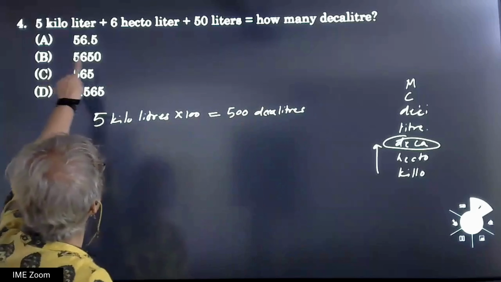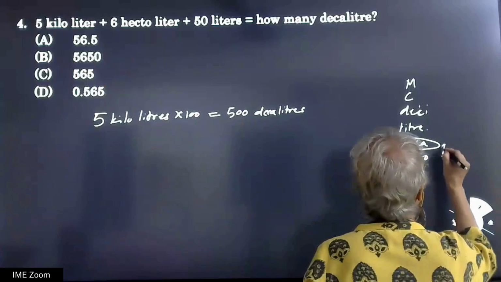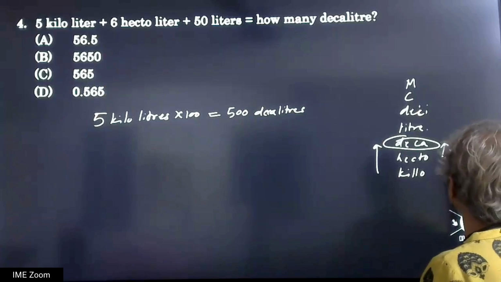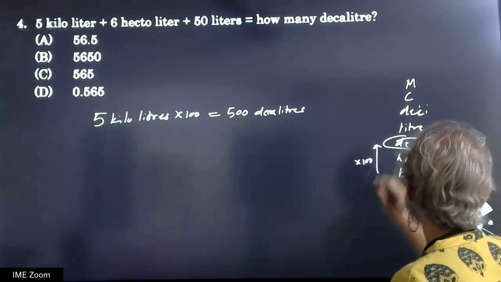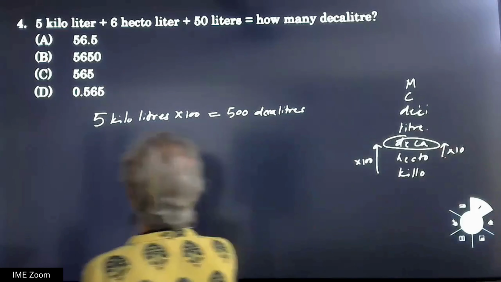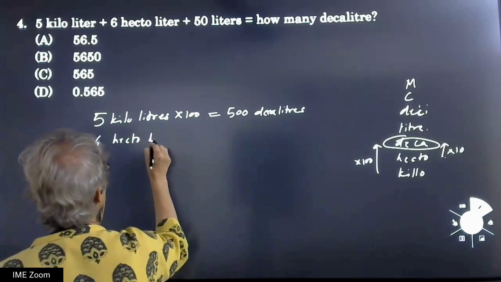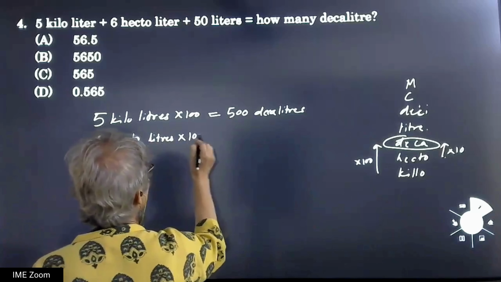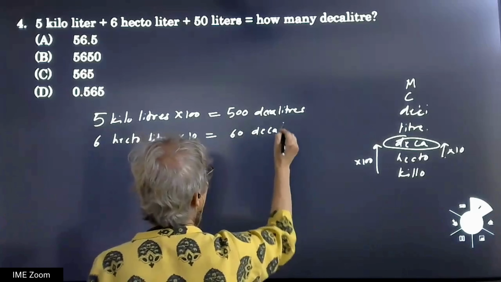So first part is over. Now hecto to deca. Here only one step, but we are going to smaller units. So multiply by 10. Here it is 10. Here it is 100. Okay. So multiply by 10. 6 hectoliters into 10 equal to 60 decaliters.